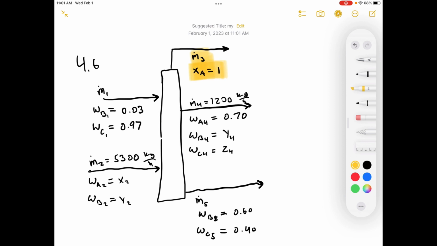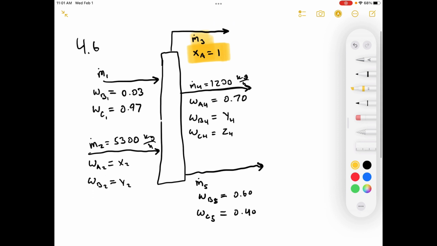That means that only the most volatile compound is coming out at the top, and the amounts of B and C are not present in the top stream, or at least they're negligible, so you just take them to be 0. I assume this simplifies the problem somewhat. So we have a pure stream A coming out at the top.